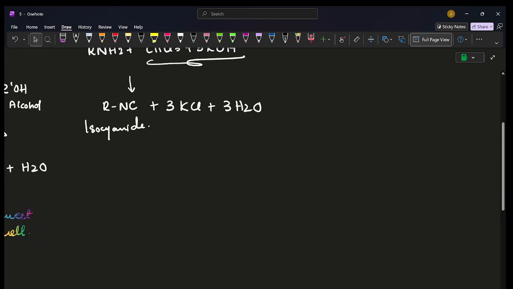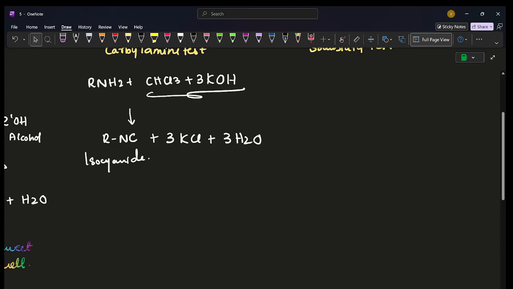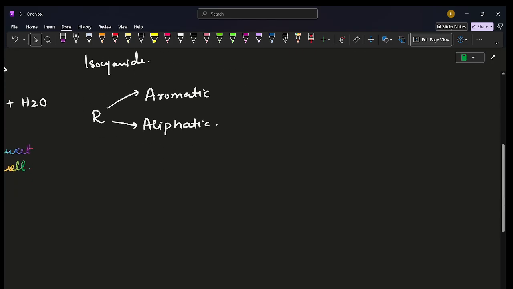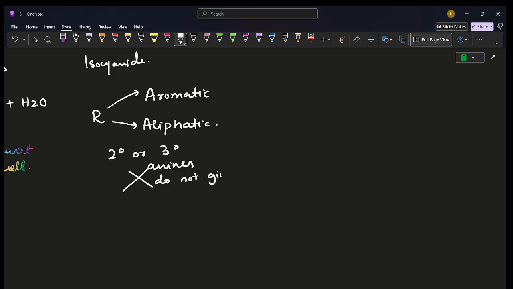So let's see who gives and who do not give this test. R can be aromatic or it can be an aliphatic group. But secondary or tertiary amines, they do not give this test. Primary amines, they give this test.